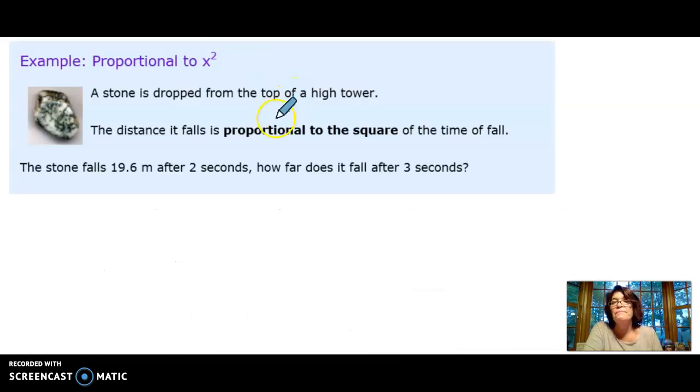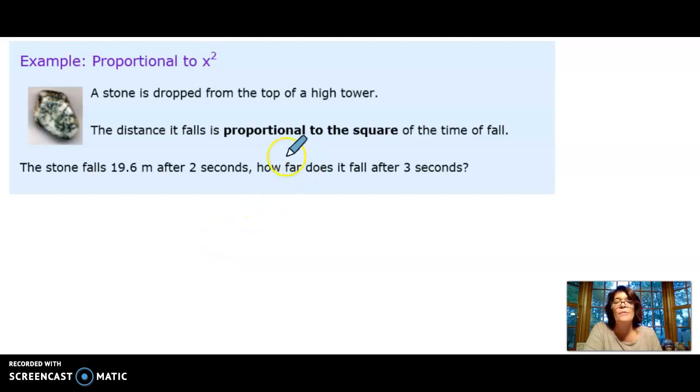All right. A stone's dropped from the top of a tower. The distance it falls is proportional to the square of the time of the fall. Sometimes they just say proportional, and we assume directly proportional.